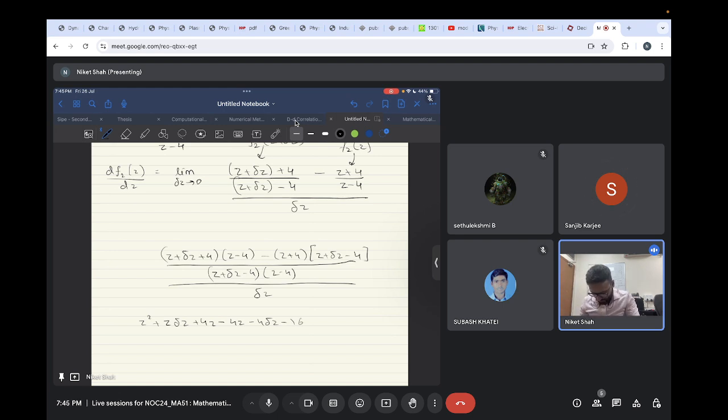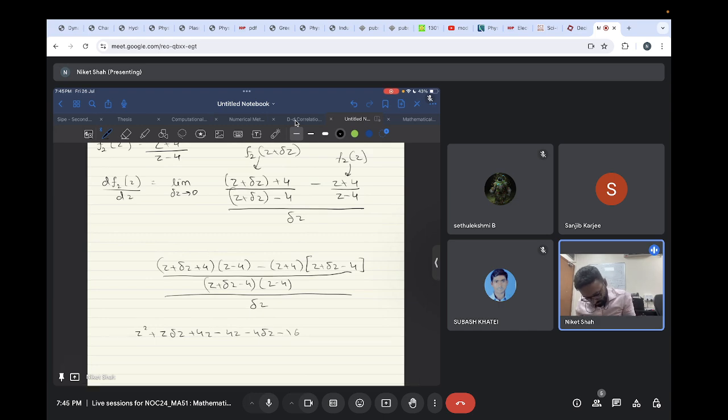I hope I have not made any mistakes here. Minus of z square plus z delta z minus 4z plus 4z plus 4 delta z minus 16. This is the whole expression divided by delta z into the denominator, which would be z square minus 8z plus 16.